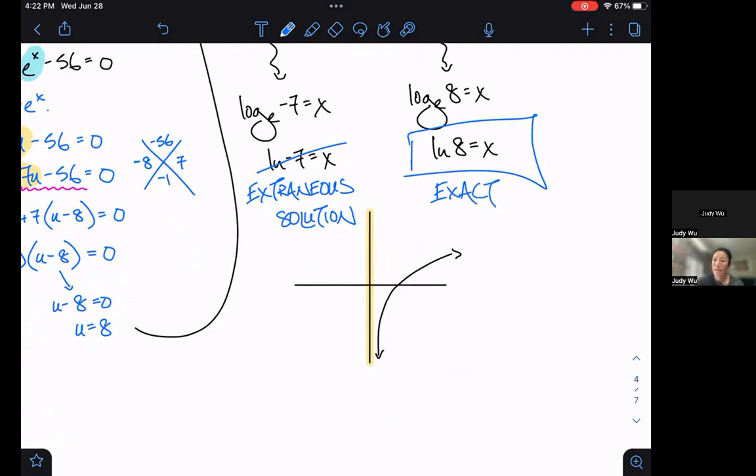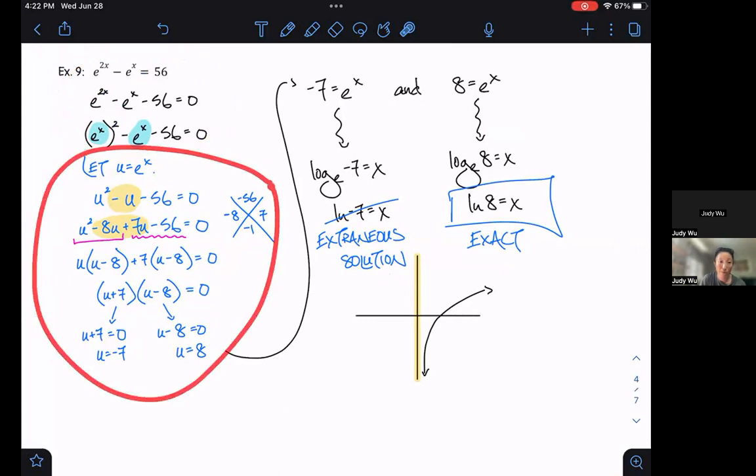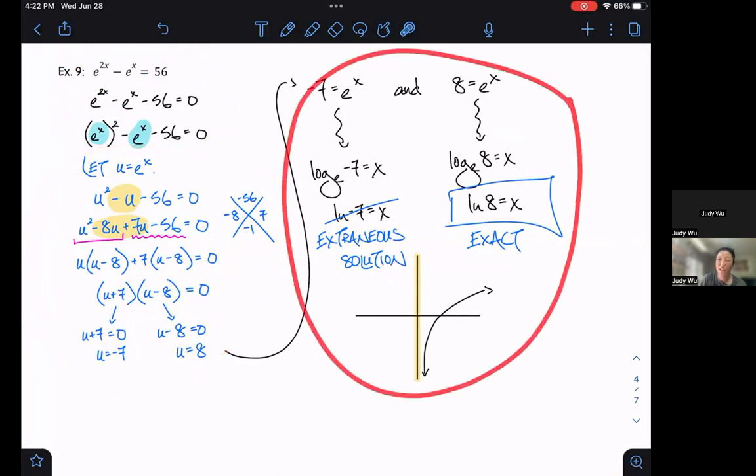So let's go ahead and get all these on the same page again. All right, so we saw maybe it could be a quadratic. We went ahead and wrote it in a quadratic form. We did our u substitution here in the blue, but then we weren't done, right? We had to go back and put it all together and check both answers to make sure that they both worked. It turns out only one of them worked, right?